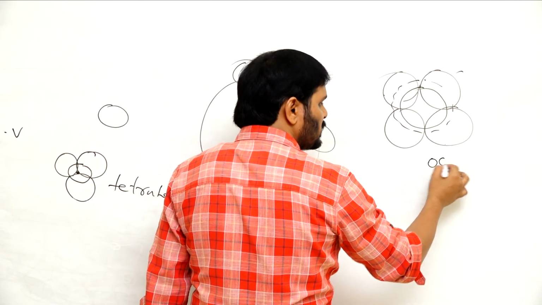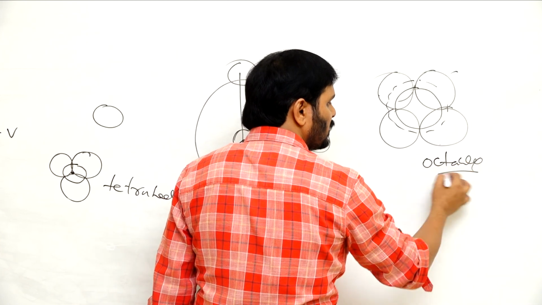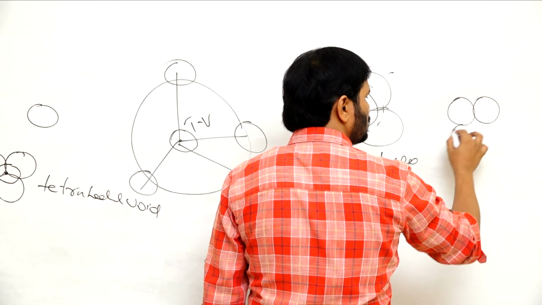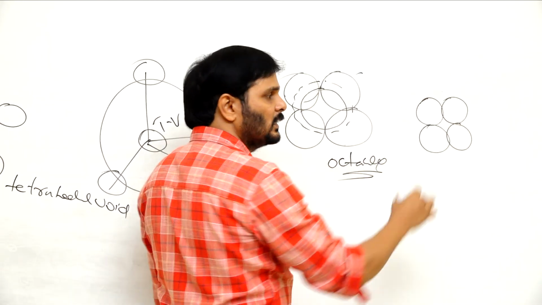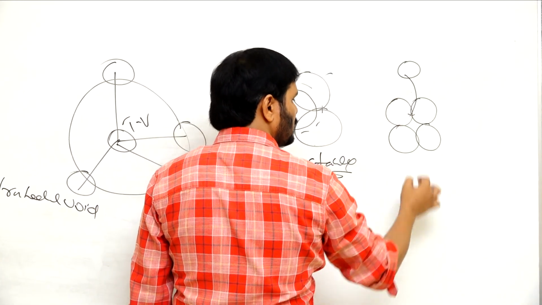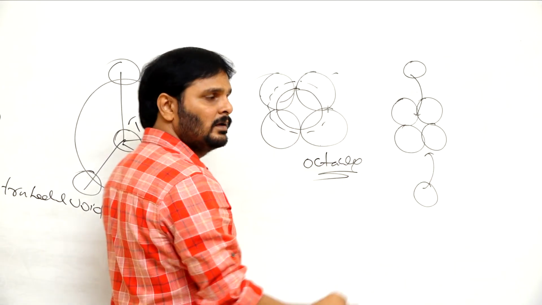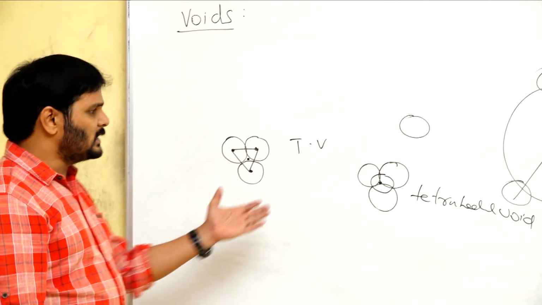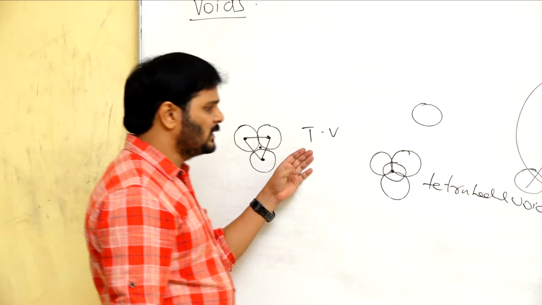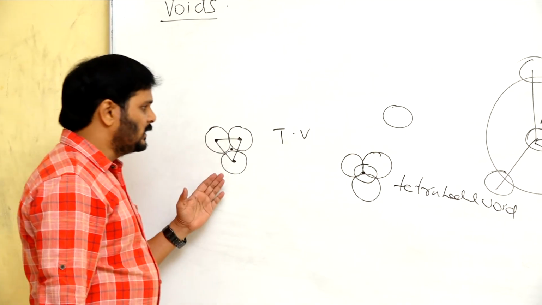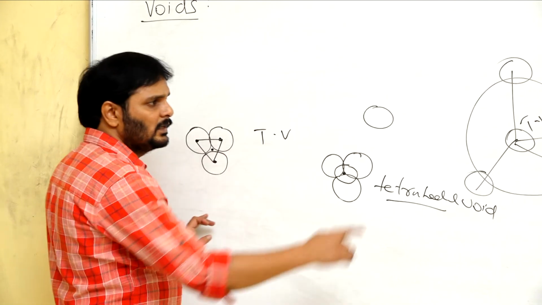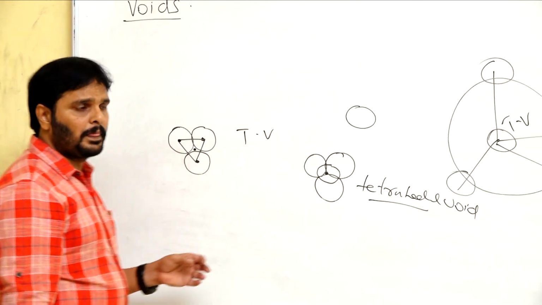That hole is known as an octahedral hole, nothing but a void. So these are some types of voids: the triangular void, the tetrahedral void, and the octahedral void.